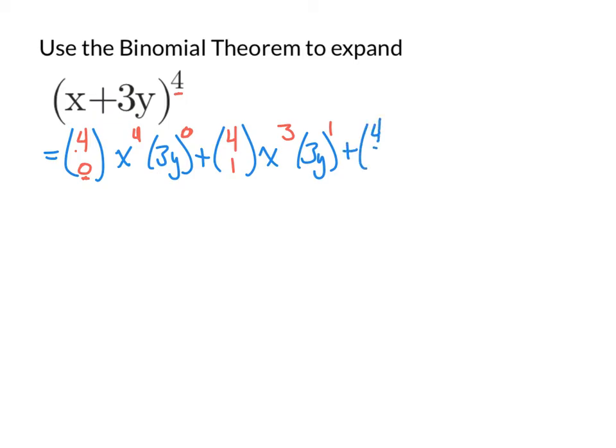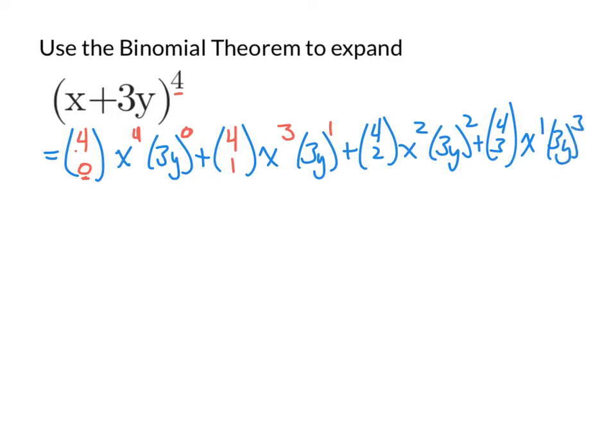So now it'll be 4, 2, which means 3y will be to the second power and x is to the second power. Then 4, 3, 3y would be to the third power, x is to the first power. And our last term is going to be 4, 4 with x to the 0 and 3y to the 4th.